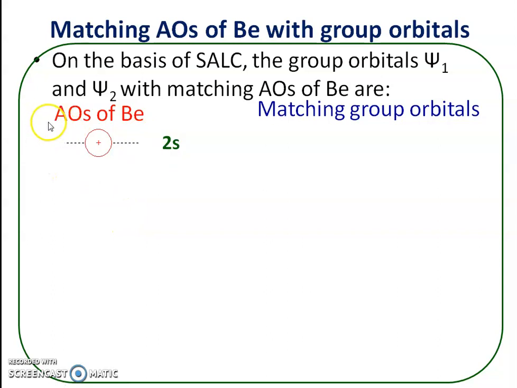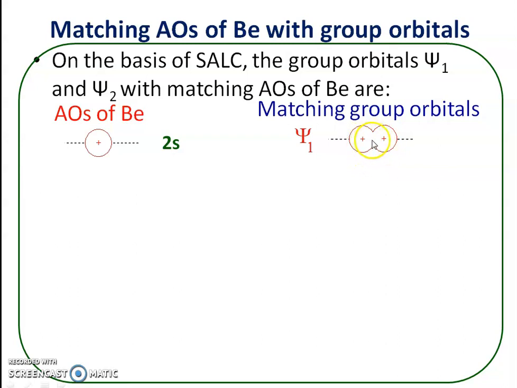now suppose beryllium has a 2s atomic orbital. It is spherically symmetrical, the dotted line indicates the internuclear axis, and the 2s atomic orbital is spherically symmetrical and has a positive sign wave function. Now the corresponding matching group orbitals are psi 1 and psi 2, and this is the psi 1 group orbital.